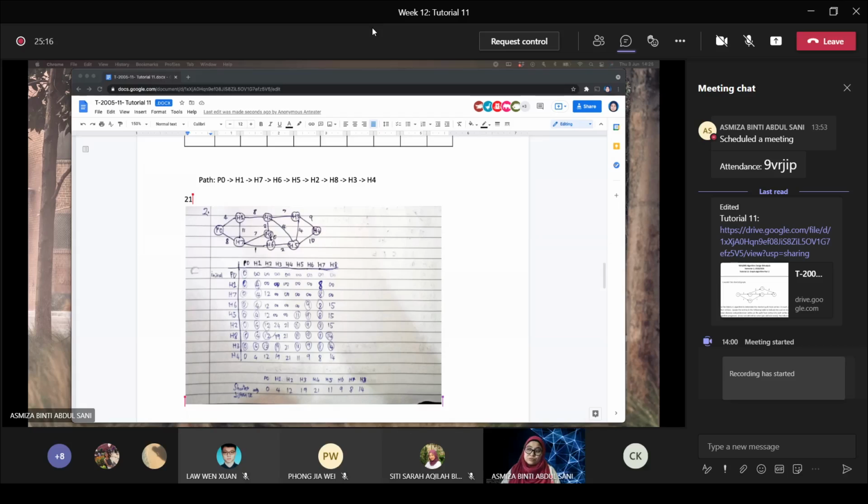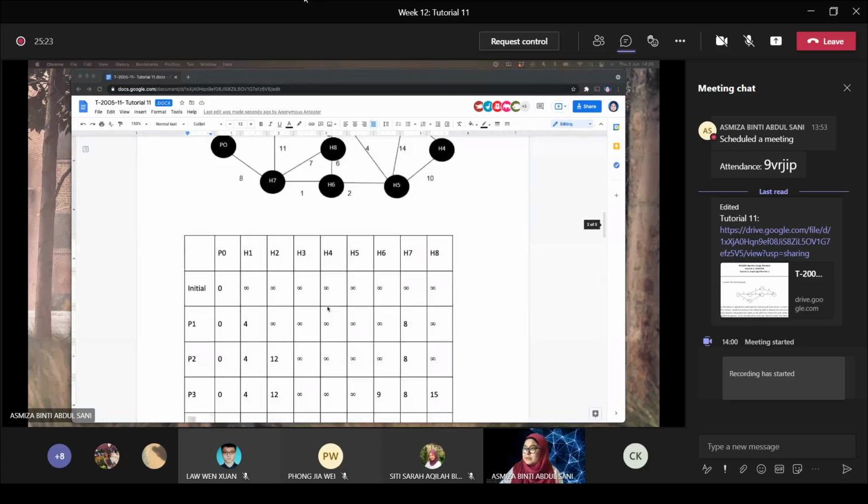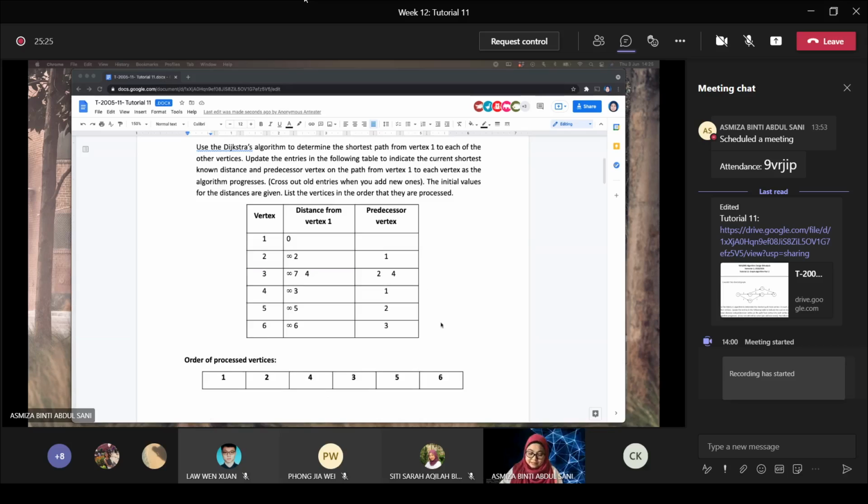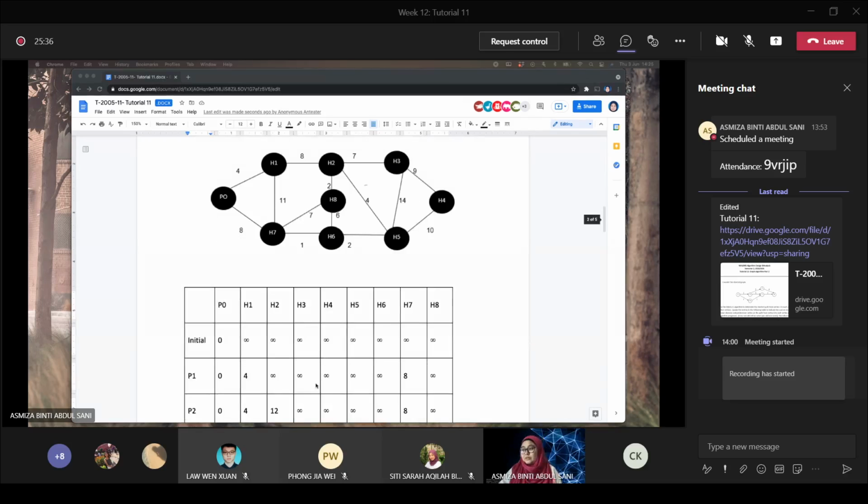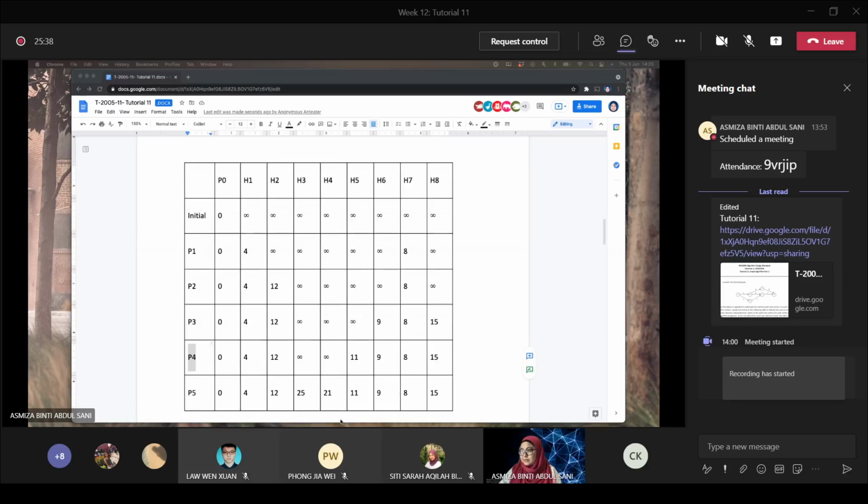You can also do it using the table that we did in question number 1, so you can create this table as well, and you should be able to get the order of vertices as well as the distance. Or you can use the one that we learned in class, which is this table.